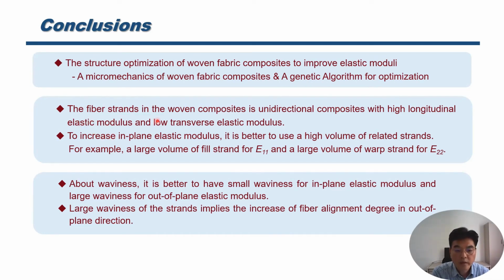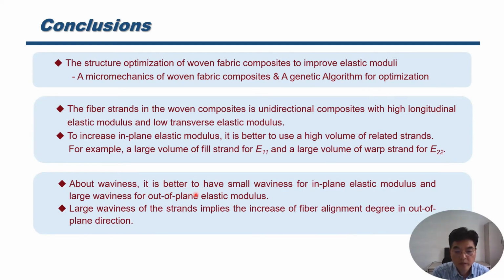The fiber strand in woven fabric composite is a kind of unidirectional composite, so it has a high longitudinal elastic modulus and a low transverse elastic modulus. So to increase in-plane elastic modulus, it is better to have large volumes of the related strand. For example, large volumes of fill strand for E11 and large volumes of web strand for E22.